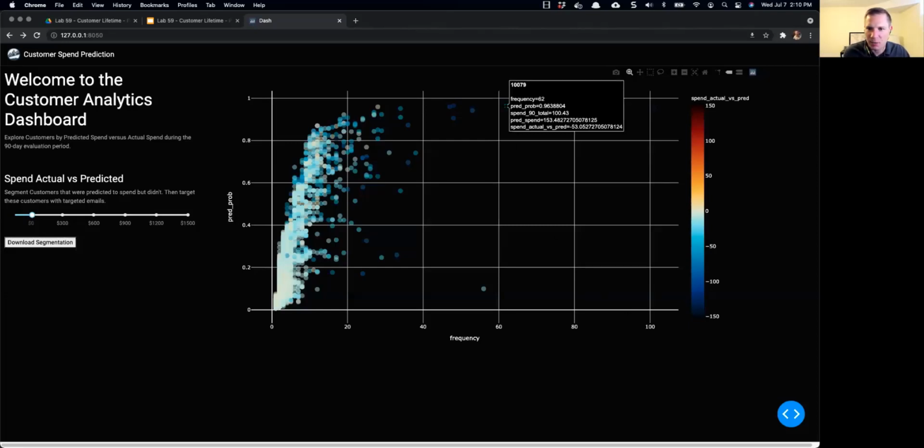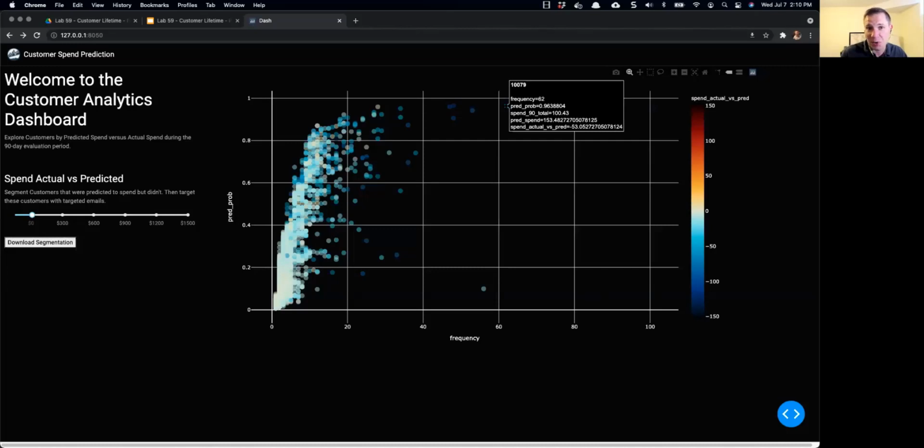So you can see that this customer, 1,079, has a super high probability of purchasing, 96%. They're predicted to spend $153, and they've actually spent $100, for a delta of negative $53.